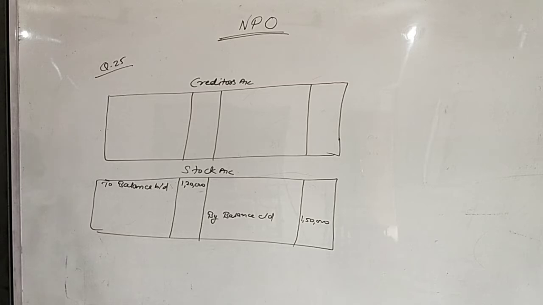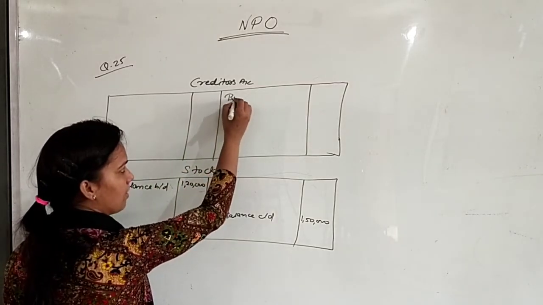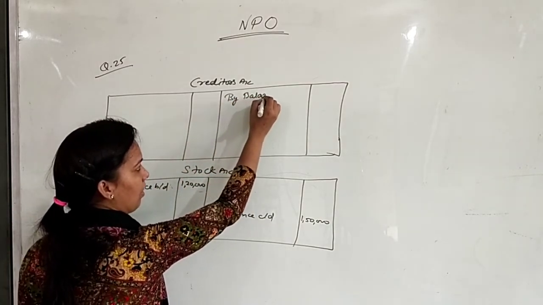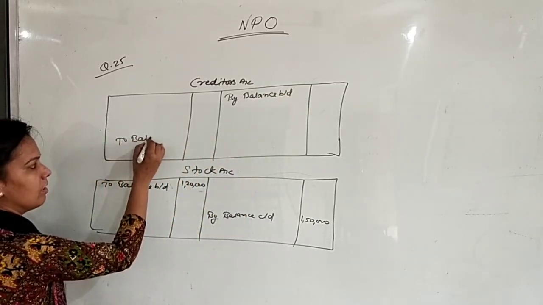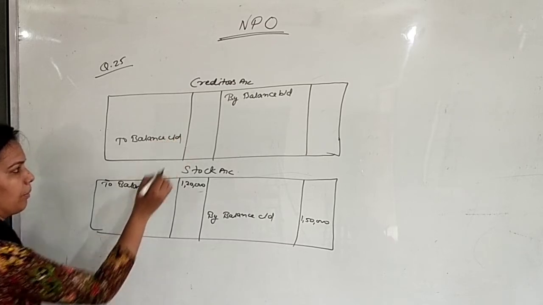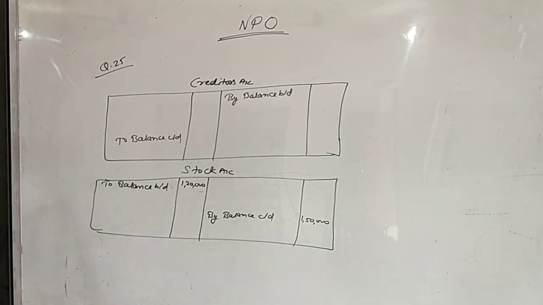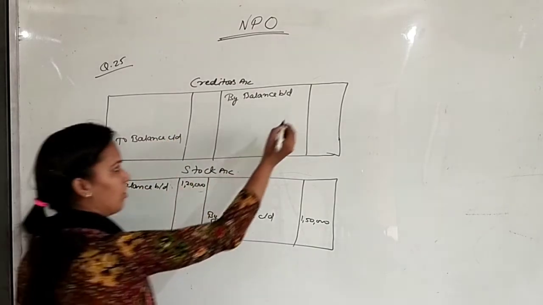Creditors for sports material, creditors are our liability, so the balance will start from the credit side, by balance BD and to balance CD. It is 45,000 and 60,000.